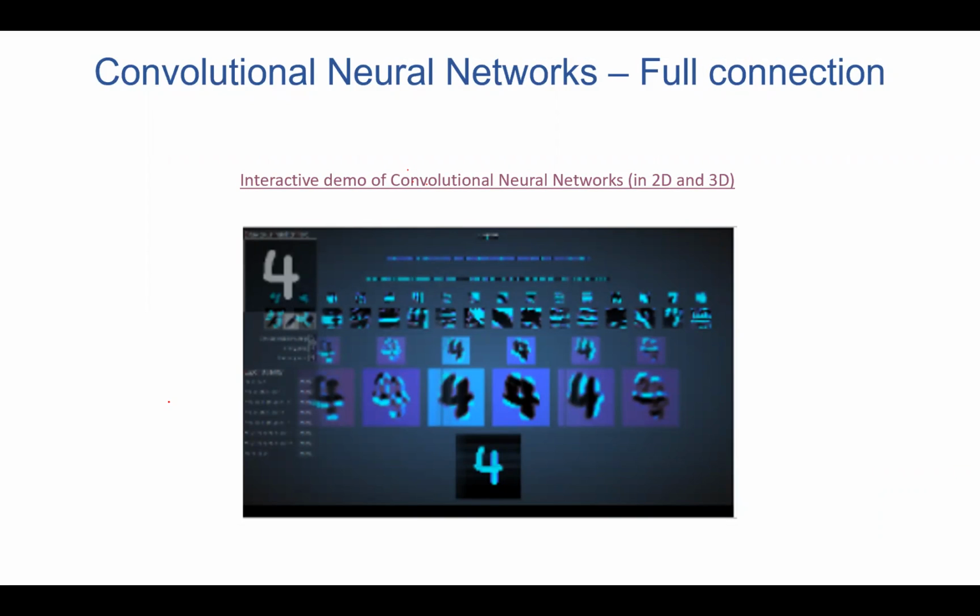If you draw anything, it will take the output and show you that my first guess is that this number is 4. My second guess is that this number is 1 or 7 or something like that. So it was a very nice interactive demo that shows you the operations of these convolution and pooling layers, etc. Okay. I have the website that shows online models.